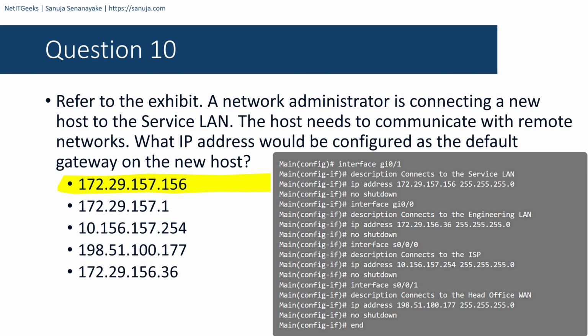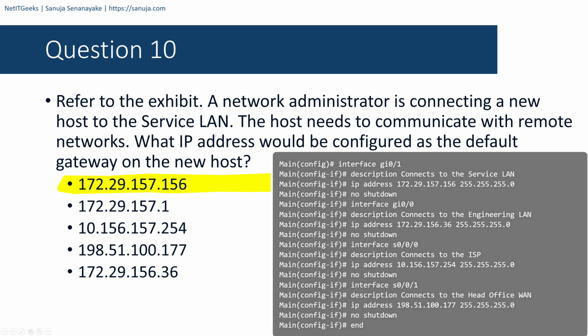Again, I'm going to repeat, this is a very important concept. You might think, how does Manuja know that the service LAN host is going to have a default gateway of 172.29.157.156, not 10.156.157.254, for example? The only way I know this without a Packet Tracer file or a lab file is that they gave a screenshot and wrote the description saying that interface Gi0/1 is the interface facing the service LAN network.